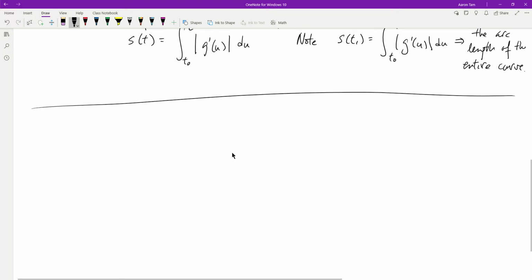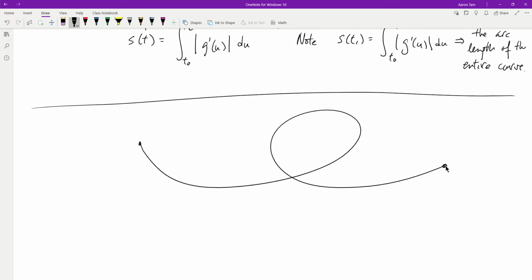To illustrate what it does, imagine that I have a curve. So here's my curve. Here at t equal to t sub 0, our position is, let's call it x sub 0. Actually, I'm going to call the beginning point A, and here's my end point B. So what the arc length function does is the following.